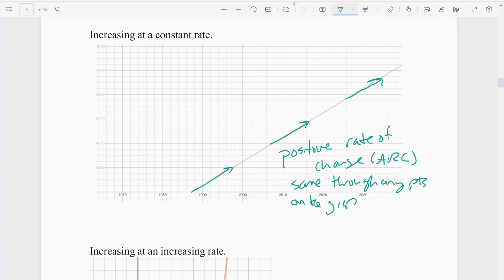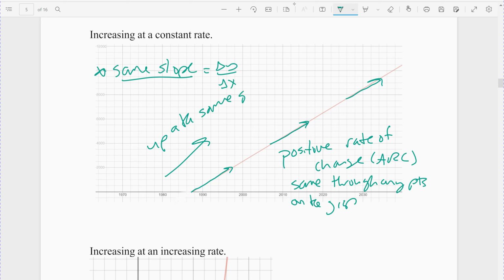Meaning no matter what points I pick, I have the exact same rate of growth. In algebra, we'd say it has the same slope all the way through: same change in y over change in x. Same growth rate through all the points. It's moving up at the same speed, constant everywhere.